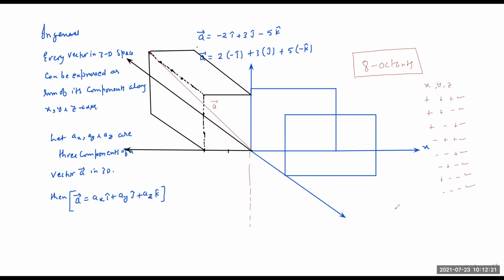So if we have 4 dimensions, x, y, z and, say, a fourth in the Einstein world of 4 dimensions, how many will we have? It will be 2 to the power 4, that is 16 subworlds.